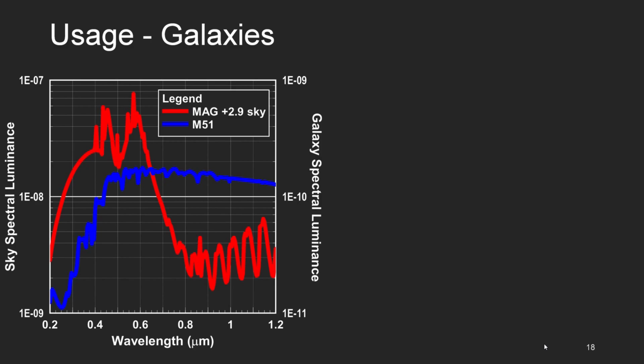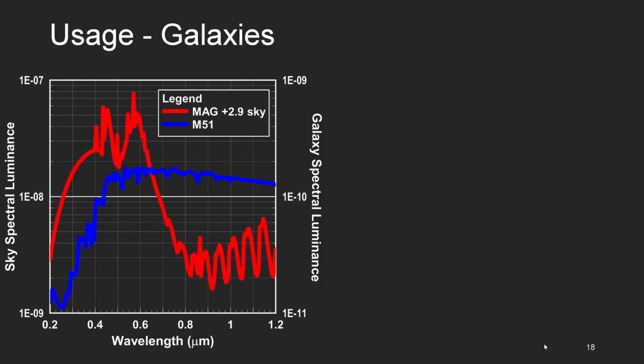Those of you adept at reading logarithmic plots can see that in the visual band, from 0.4 to 0.7 microns, the sky is about 200 times brighter than the galaxy. However, in the IR band, above 0.7 microns, the sky is only 20 times brighter. Thus, by observing the galaxy in only IR light, we can achieve a large increase in contrast.